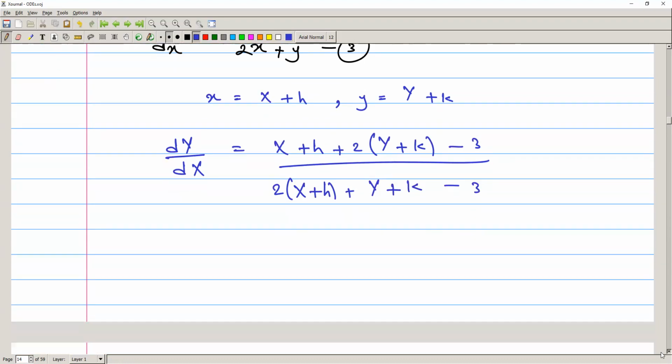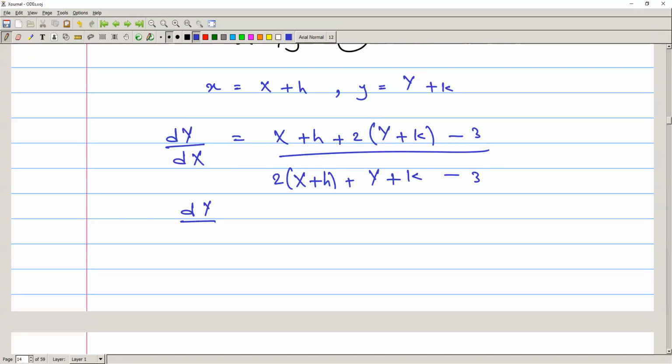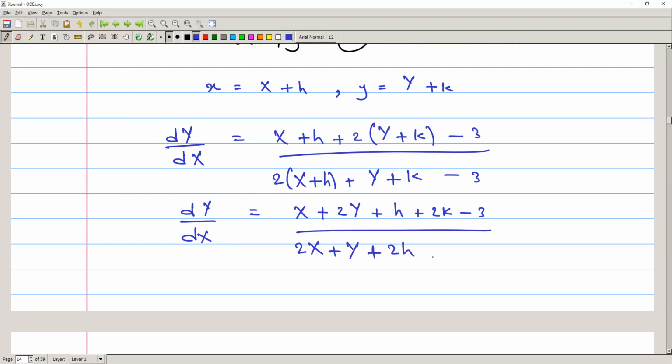Now we will rearrange the equation: dy over dx is equal to (X plus 2Y plus h plus 2k minus 3) divided by (2X plus Y plus 2h plus k minus 3).